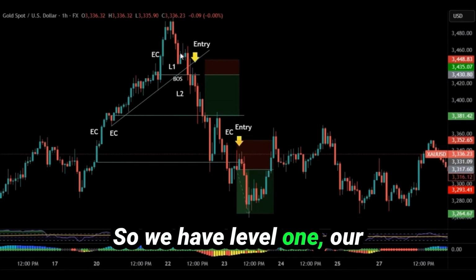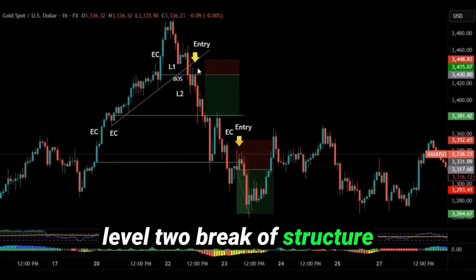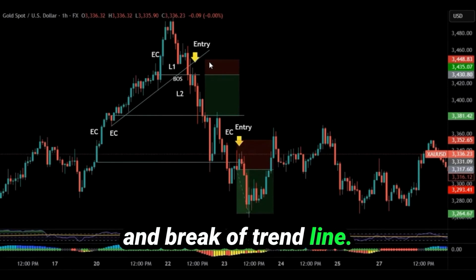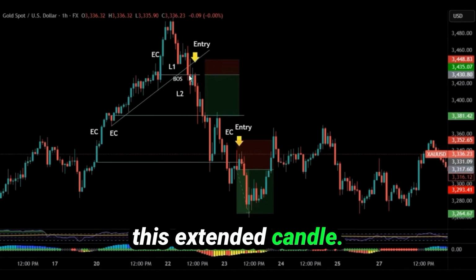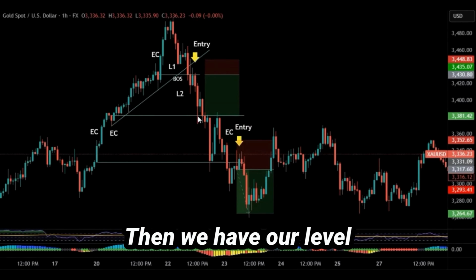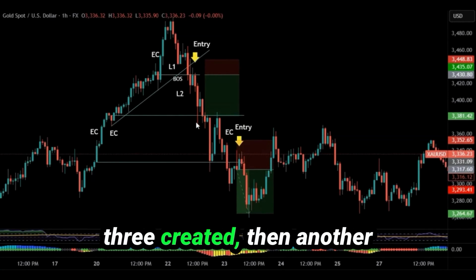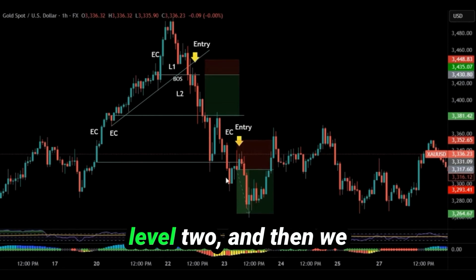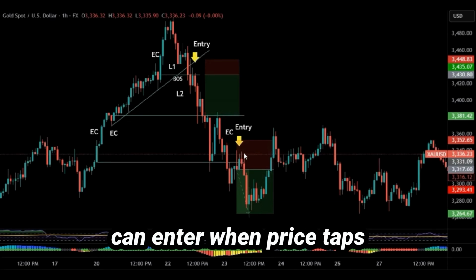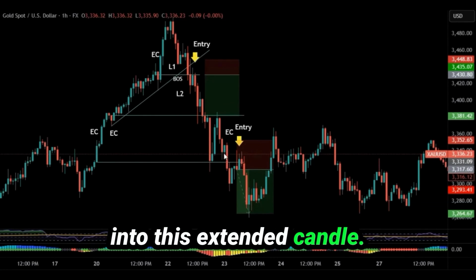So we have level 1, our level 2 break of structure and break of trend line. We have an entry from this extended candle. Then we have our level 3 created, then another level 1, and then a level 2. And then we can enter when price taps into this extended candle.